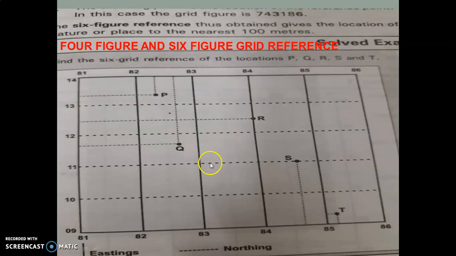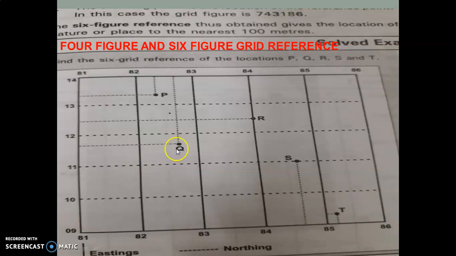Next is Q. Q symbol is located here. The 4-figure grid reference of Q is 82 because the easting line lies on the west side of this Q symbol, 82, and the northing line at the bottom of Q is 11, so 82 11. For the 6-figure grid reference of this symbol, we divide this northing line into 10 equal parts.